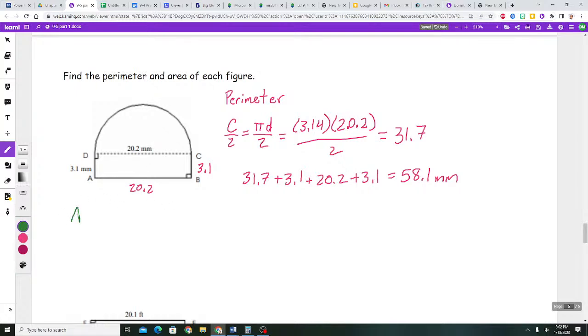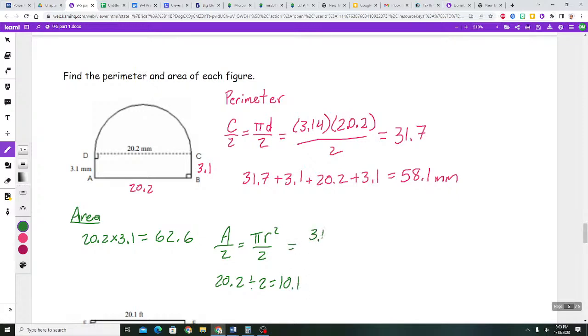Then to do the area, we have a rectangle that's 20.2 by 3.1. So 20.2 times 3.1 gives us 62.6. Then we have this half circle. So the area of a half circle is pi r squared divided by 2. So the first thing we have to do is change that 20.2 to a radius. So we divide it by 2, that gives us 10.1.